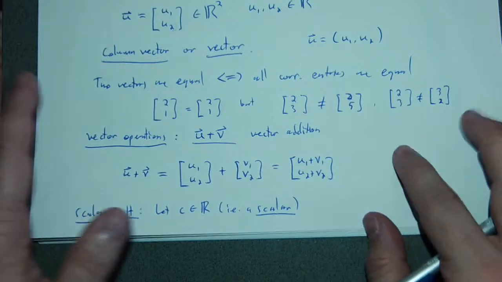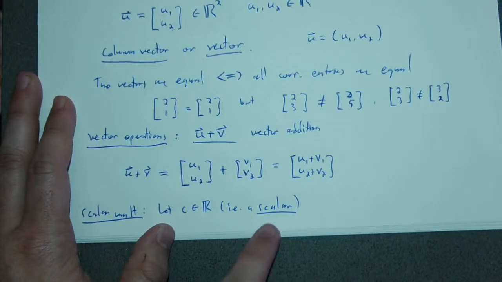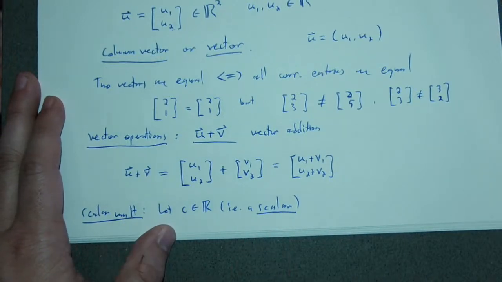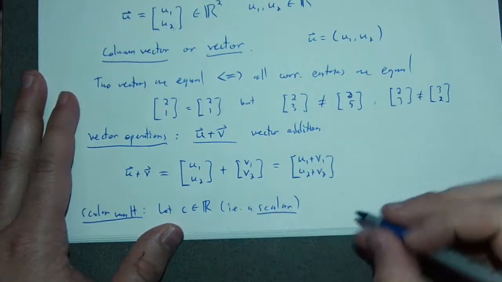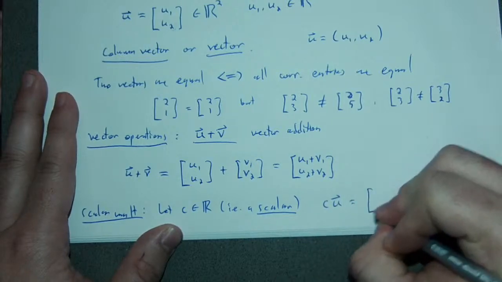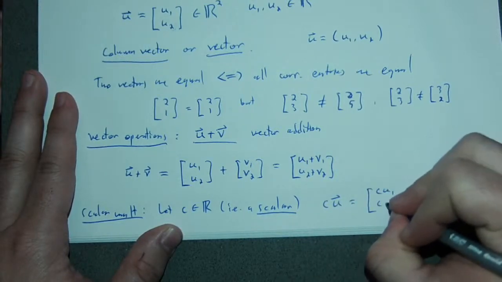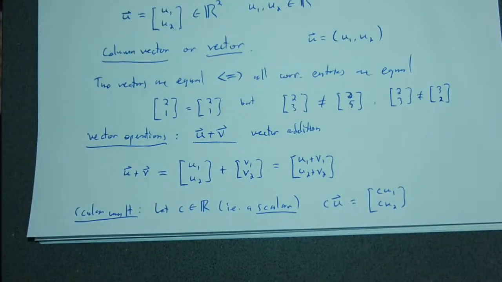We call this a scalar because scalar multiplication scales the vector in question. So cu is (cu1, cu2). It literally takes every entry and multiplies it by c. So c is called a scalar, and this is called scalar multiplication.